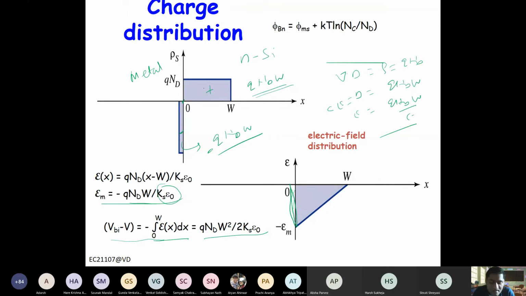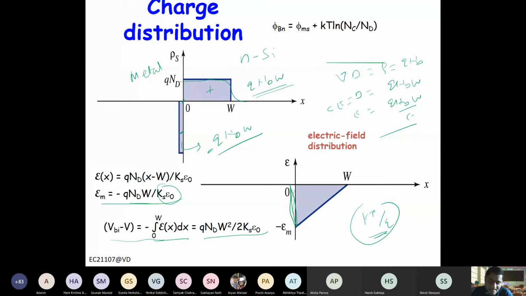Now, of course, here we are assuming this rectangular type of charge distribution, but in real life, there is some slope here, right? And in one of the lectures, there was a quiz at the end where we found out the effect of this is basically that it changes the barrier by kT by Q. So your VBI changes by kT by Q for one side.